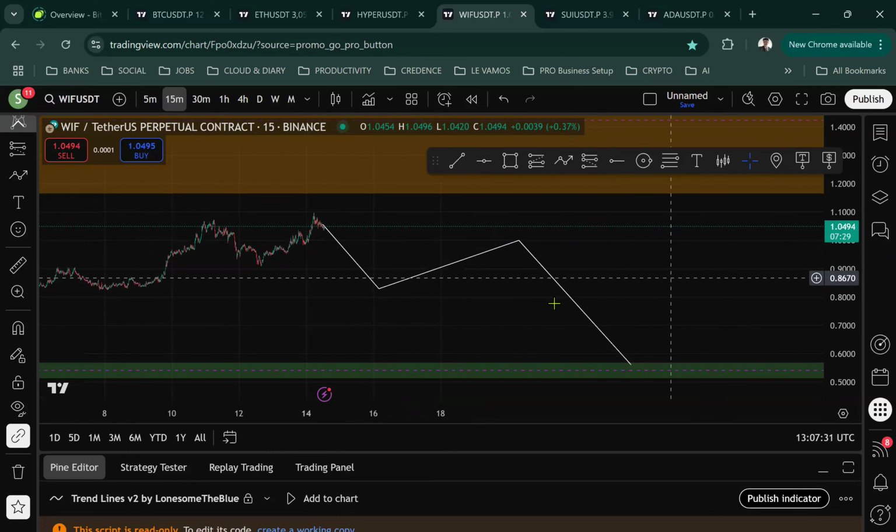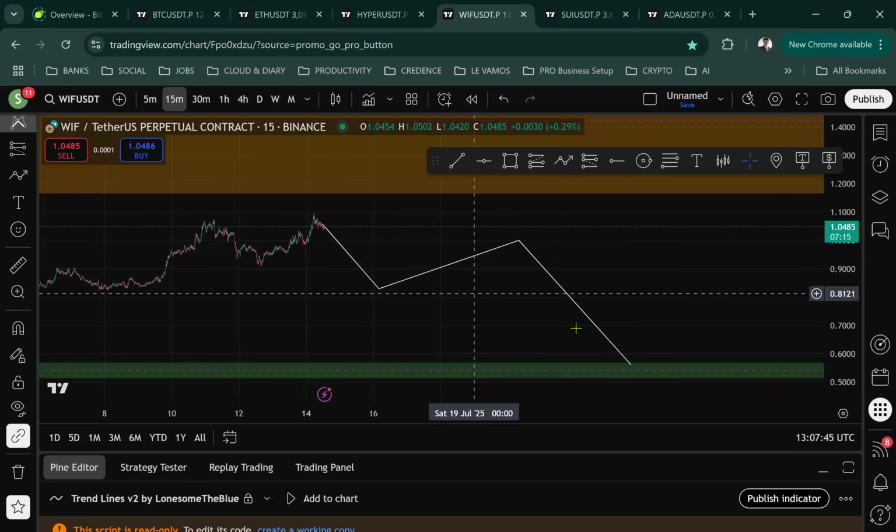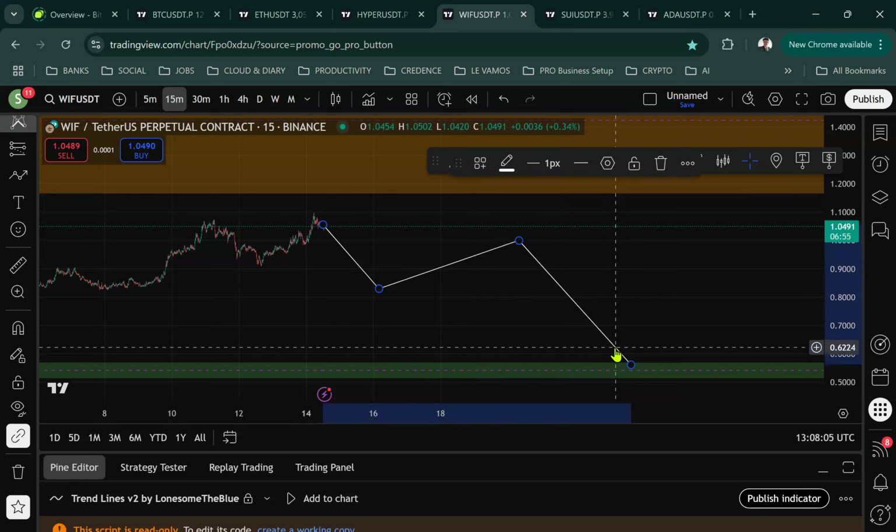Once it touches the zone, the 4 hour is uptrend, so we have to wait for the 15 minutes to also change to uptrend. So we cannot suddenly take an entry; we have to wait. We have to see CHOCH first, then BOS. Once we see the CHOCH and the BOS, it means the 15 minutes has also changed to uptrend.